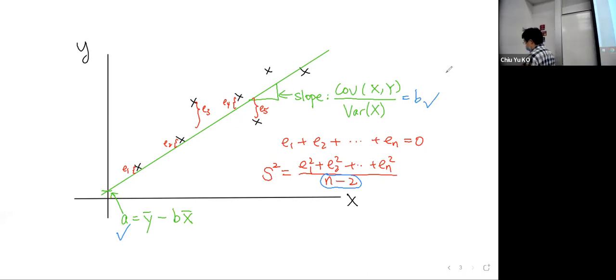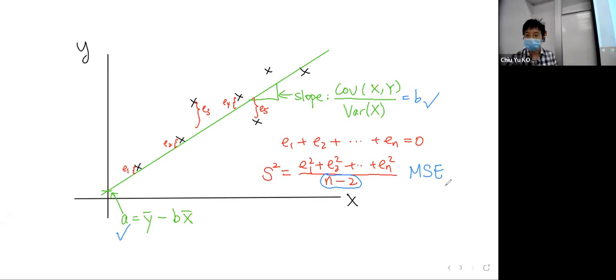Remember ANOVA? The degrees of freedom are reduced to n minus k, because when you calculate it, this is basically MSE.